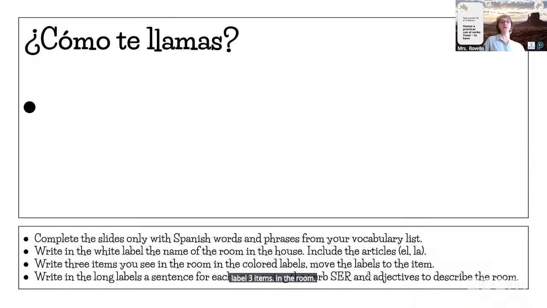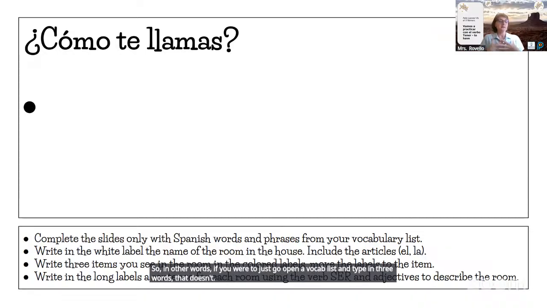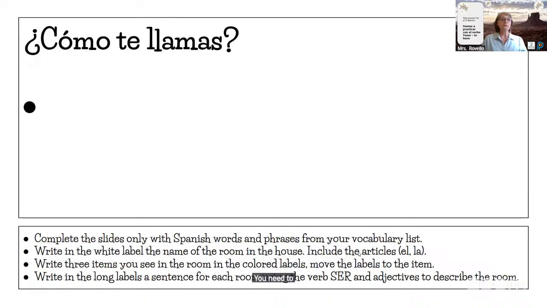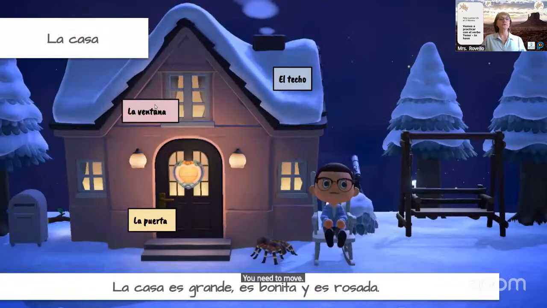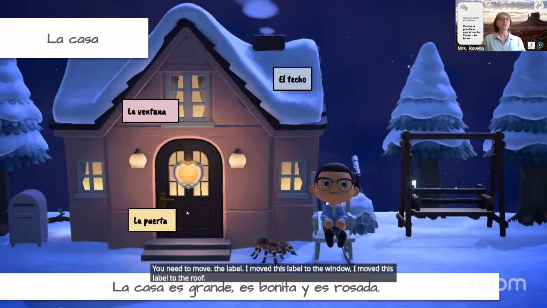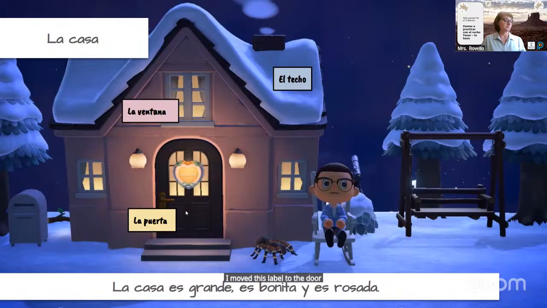And then you're going to move the label to the item. So in other words, if you were to just open a vocab list and type in 3 words, that doesn't show me, again, that you know what those words are. You need to move the label. I moved this label to the window. I moved this label to the roof. I moved this label to the door. Okay.